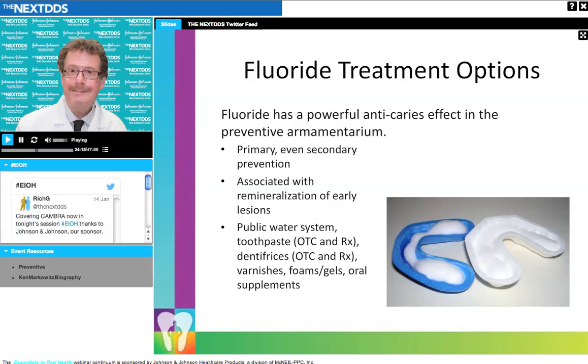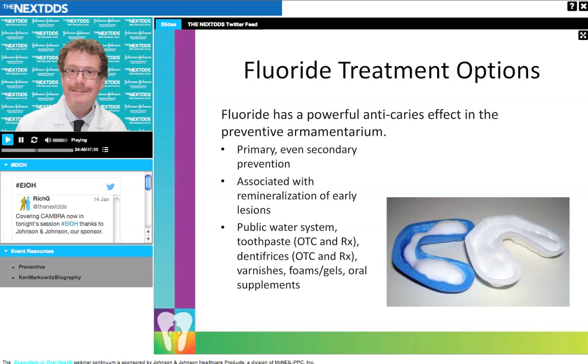So if the child has high risk, they're more likely to need sealants, they're more likely to benefit from sealants. So their caries risk assessment is very important in determining the risk management treatment moving forward. So that's a very important factor. Okay, very, very good question.